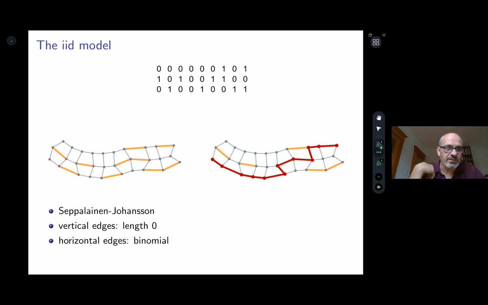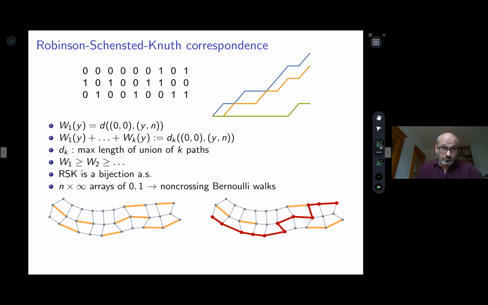So you see the vertical edges, we'll just set them to length 0, and the horizontal edges will be Bernoulli distributed with some parameter p. I don't know why binomial is there. And here is a longest up-right path on the right.